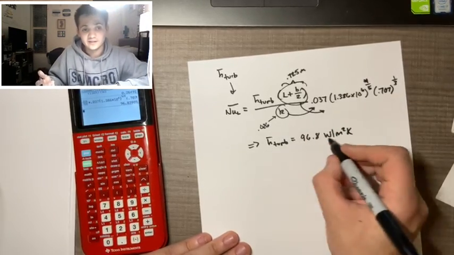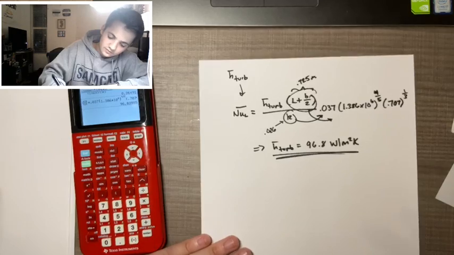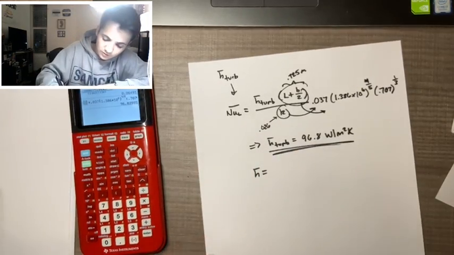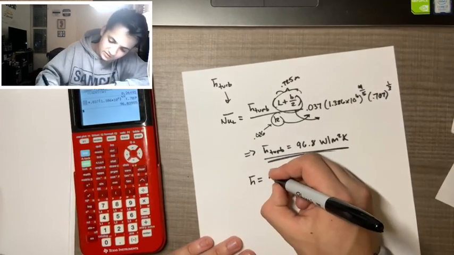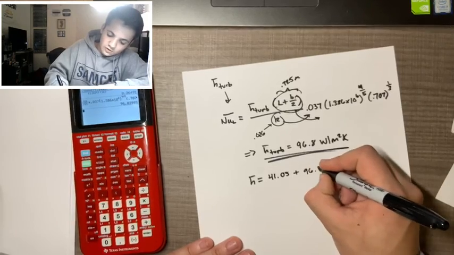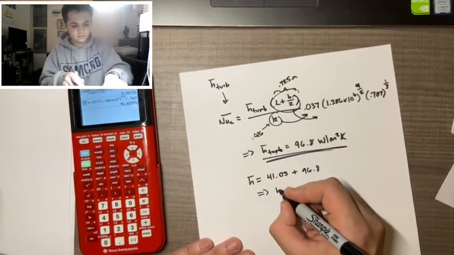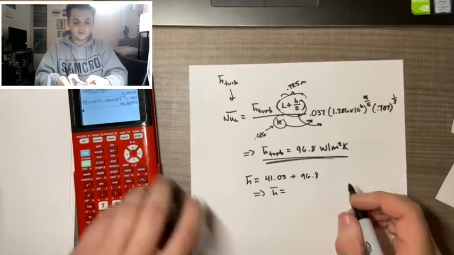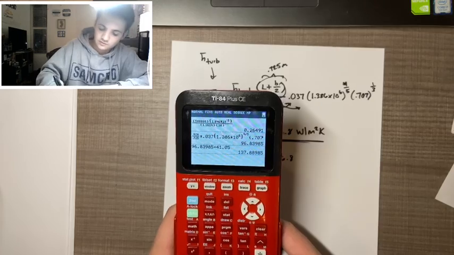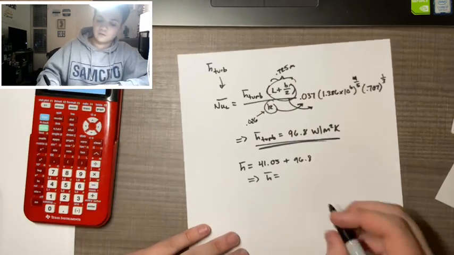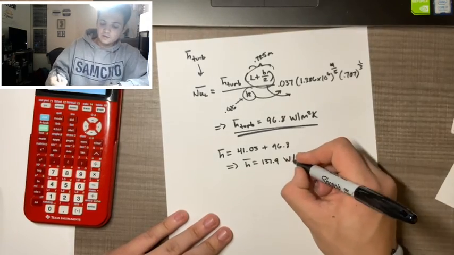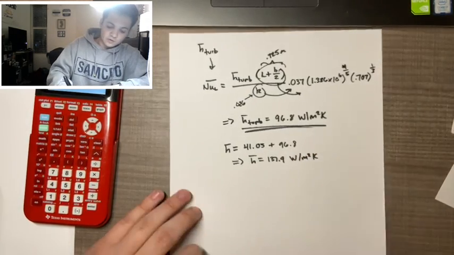And now we have everything we need to get our total h-bar. Our total h-bar is 41.05, which is our h-bar laminar, plus our h-bar turbulent, 96.8, which means our total h-bar is 137.9, we'll round. And once again, the units are watts per meter squared K.